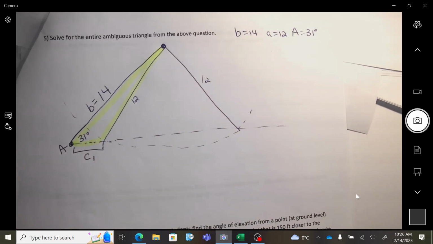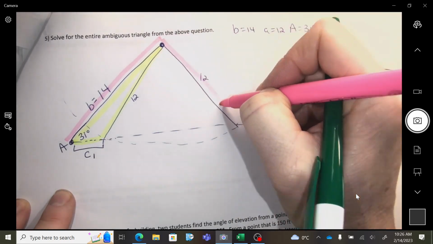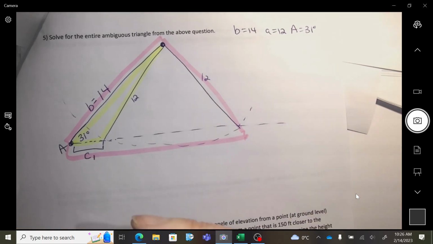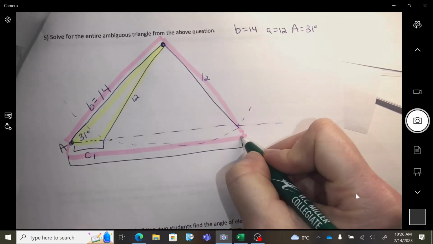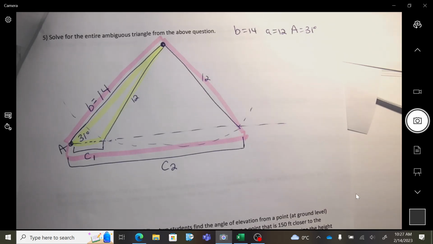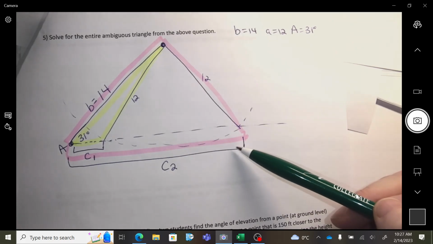I'm going to call the third side C1. And then where's my other triangle? Big one. 14, 12, and the third side of it. Do you notice how I drew my triangle with a 14, a 12, and a third side that we'll figure out? Do you notice how there is a triangle that's 12, 12, but I don't want that one?